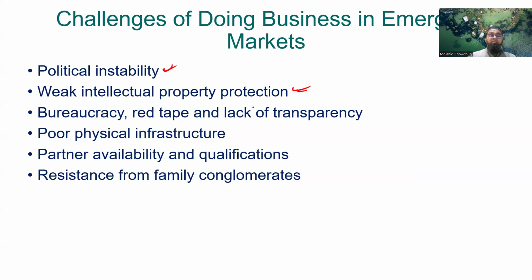How much is it in the advanced economy, in the developing countries, in the emerging economy or the underdeveloped countries? Then poor infrastructure, which is also a challenge for emerging markets. Then partner availability and qualification, and resistance from family conglomerates.